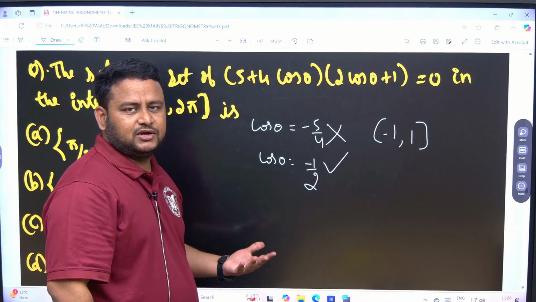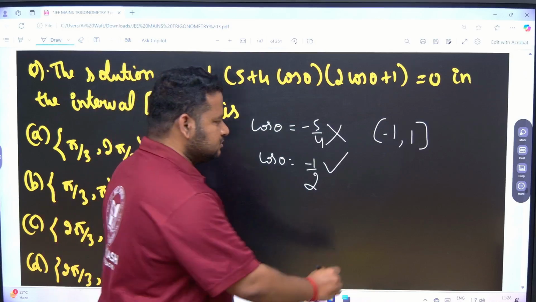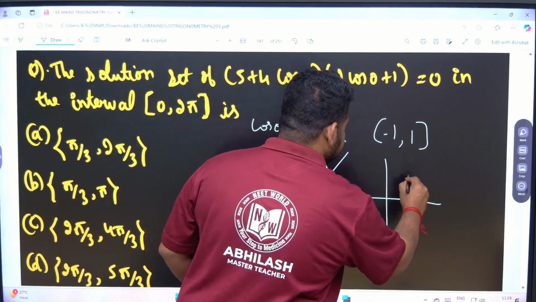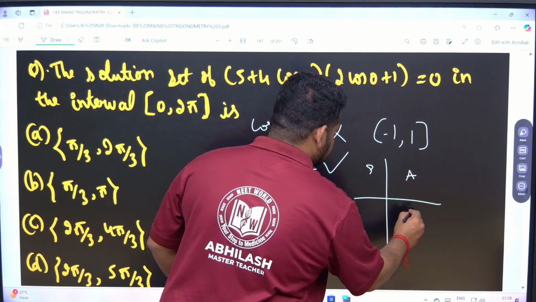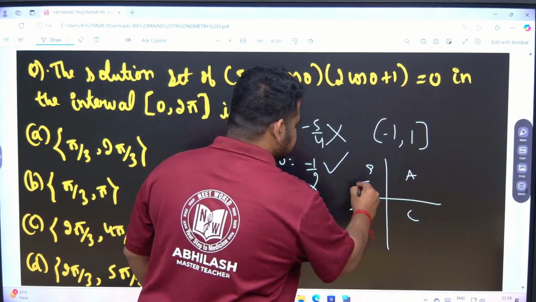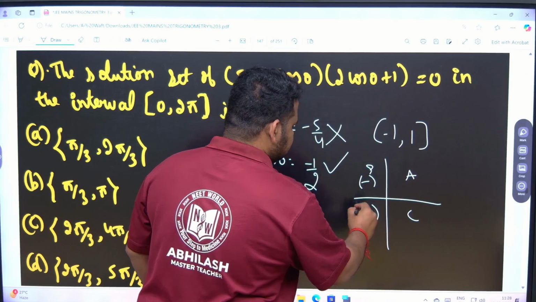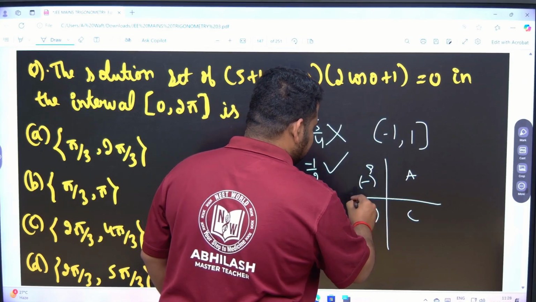Cos theta is negative in which all the quadrants? We know the ASTC rule. Here it is negative and here it is negative. So this is pi minus something, this is pi plus something.